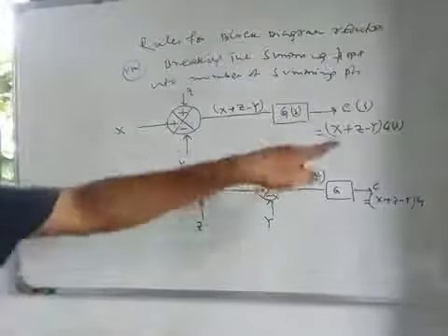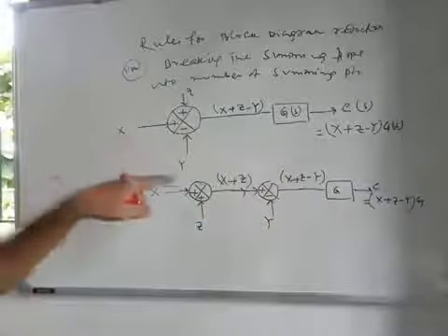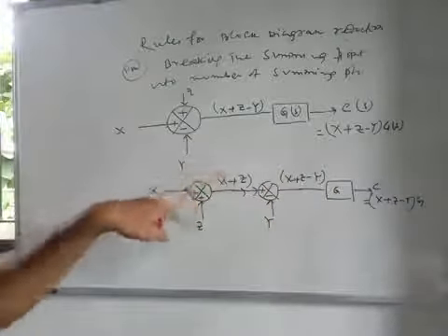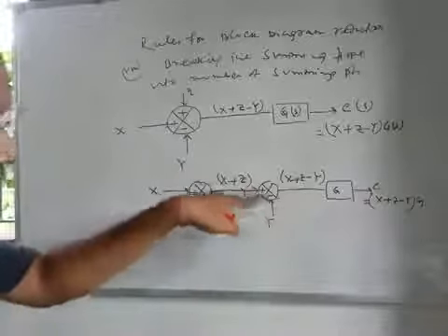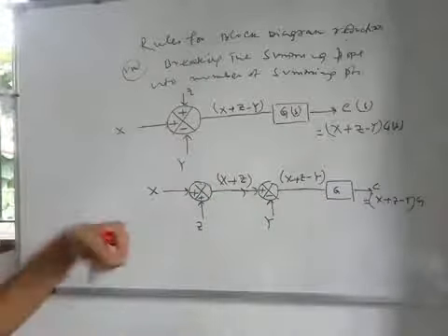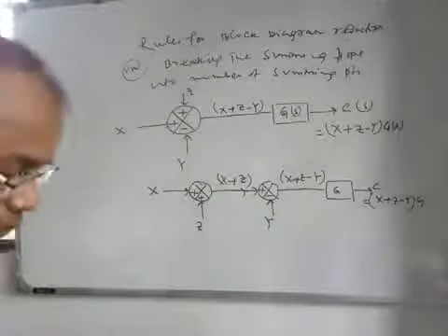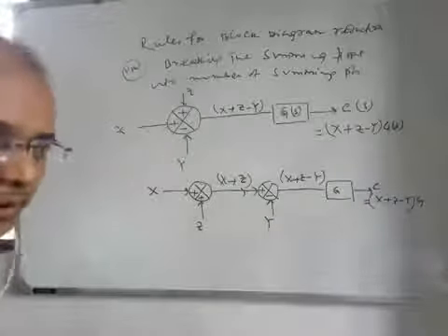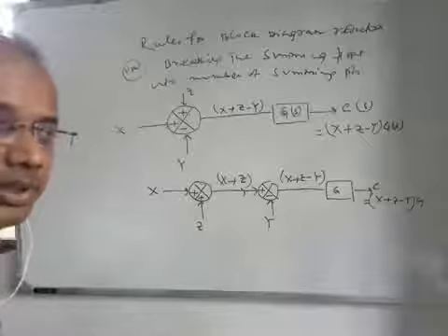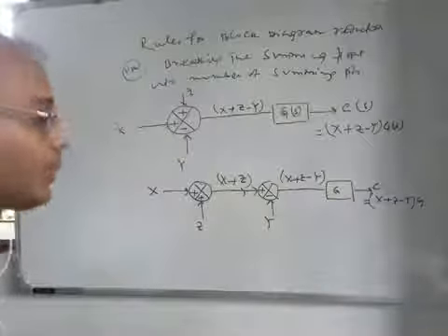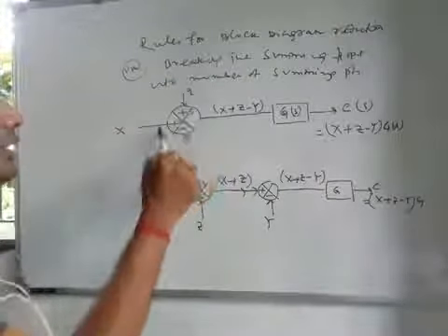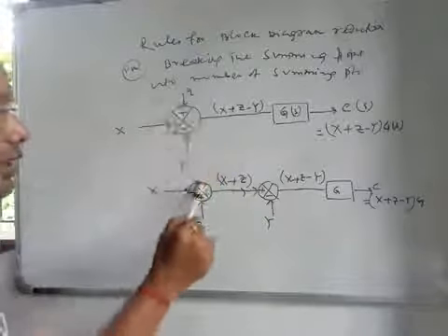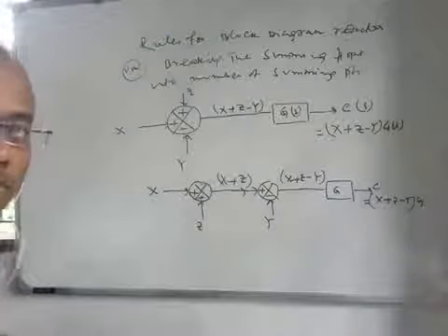So we are getting the same output, and easily now we can manipulate this into our known structure, the closed loop feedback path structure, from where we can get the overall system transfer function C(s)/R(s). So once there is a 3 input block, it has to be converted into 2 input blocks, right?